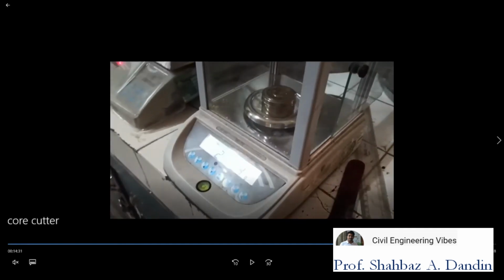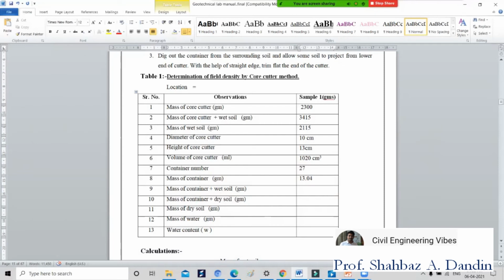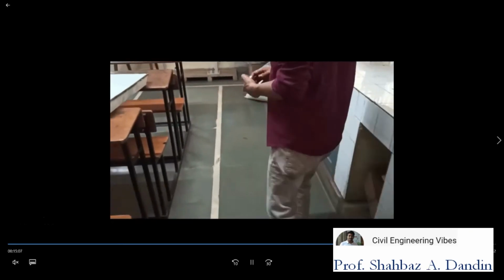My reading for this, container plus wet soil, I got 34.12 grams.